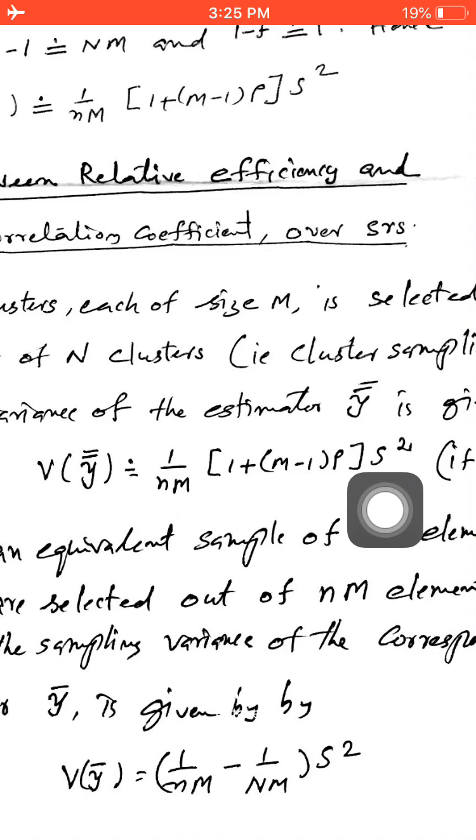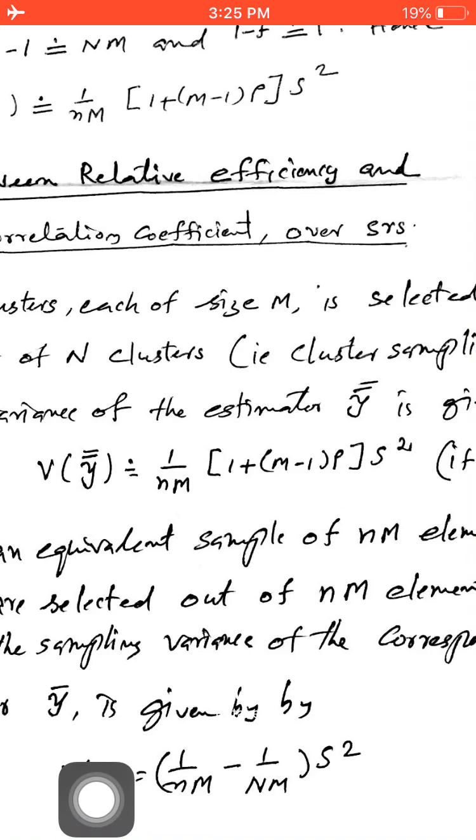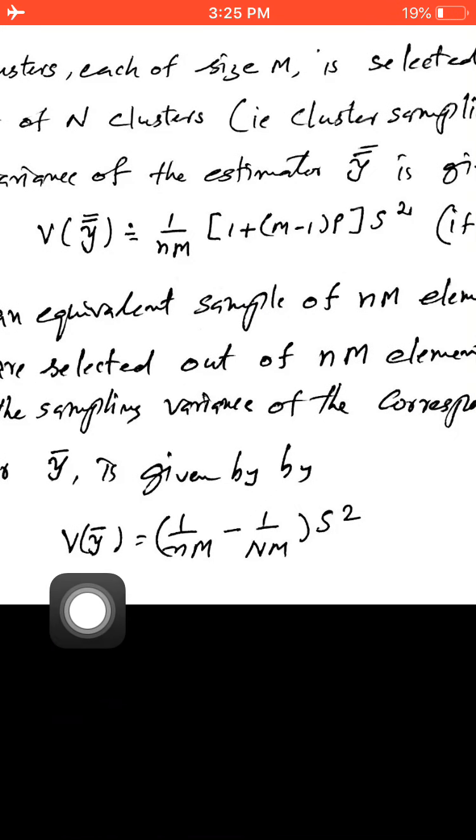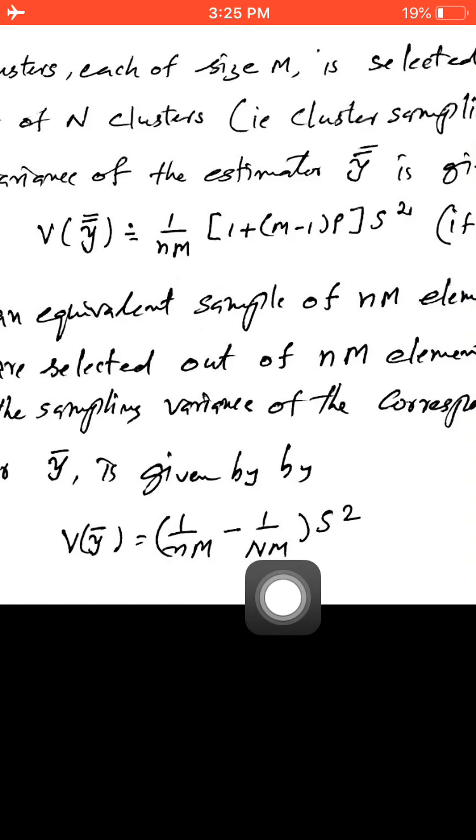Okay. And when a sample of size nm is considered, we shall have the variance of an equivalent simple random sample mean, variance of y bar is equal to 1 by nm minus 1 by capital Nm into s square.